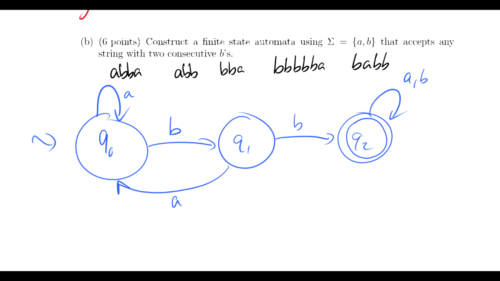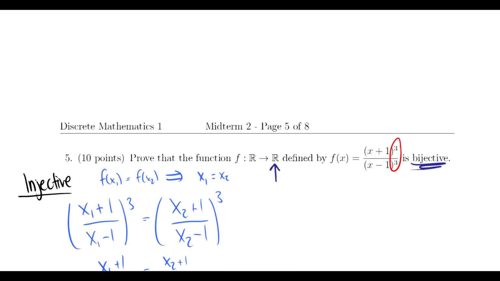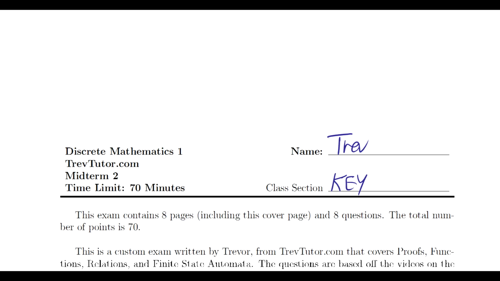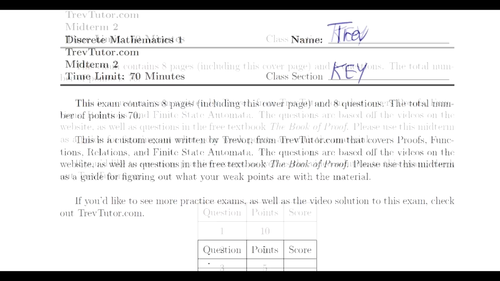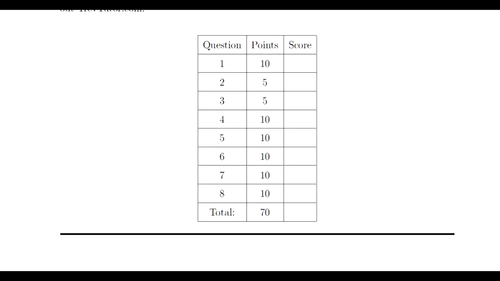So that was the midterm. It's much more difficult than I think the first one was, and probably even more difficult in some aspects than the final I wrote. That's been up on the website for a bit. So if you want to know the point breakdown, it's a little bit different than the last one.